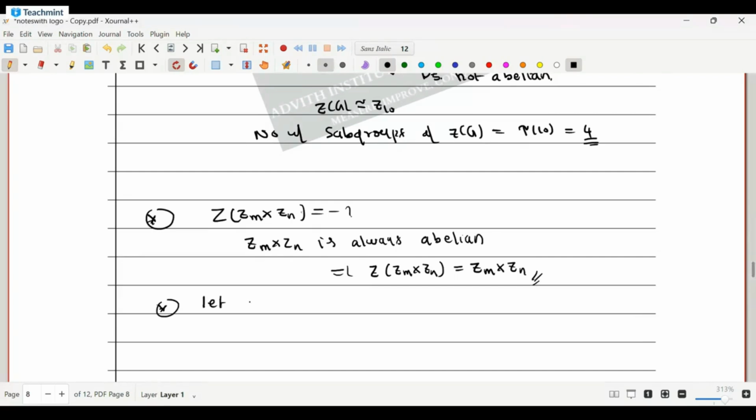Next one. Let the order of G be equal to 77.